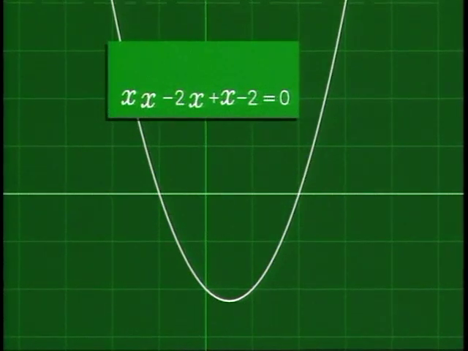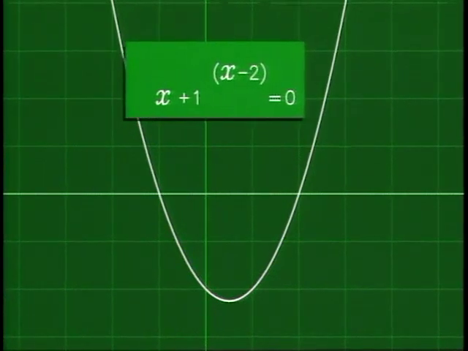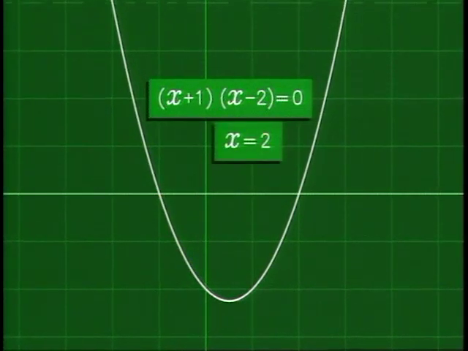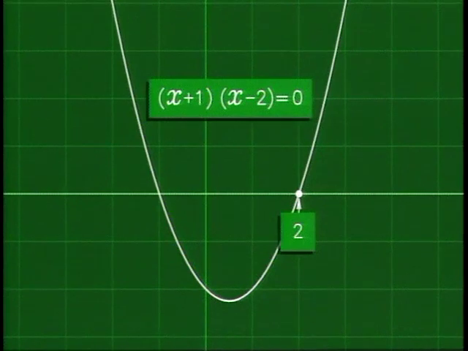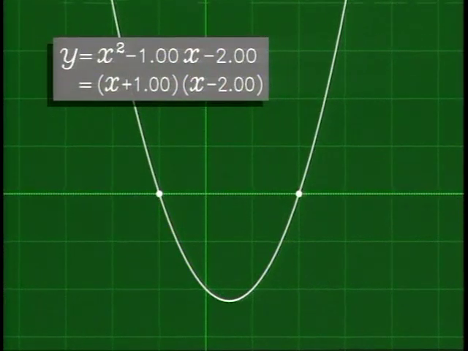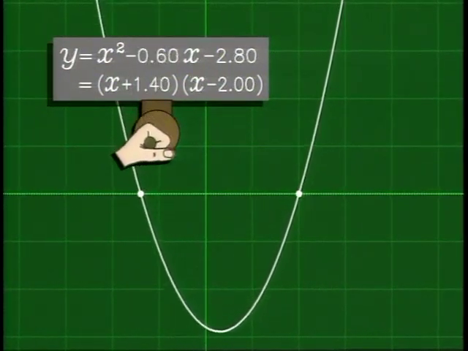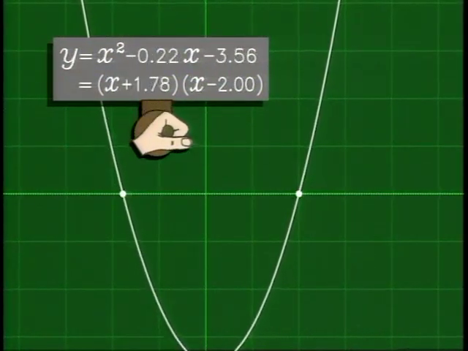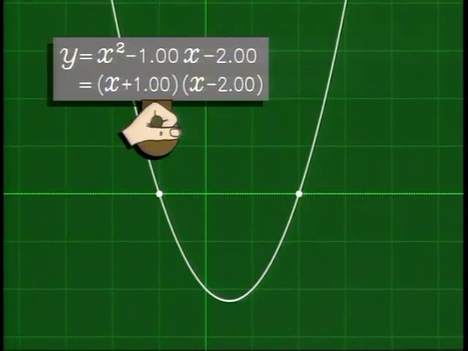The zeros are easy to find when the polynomial is expressed as a product of linear factors. For example, this product has one zero at x equals 2 and another at x equals minus 1. See what happens as the zeros move further apart or closer together.